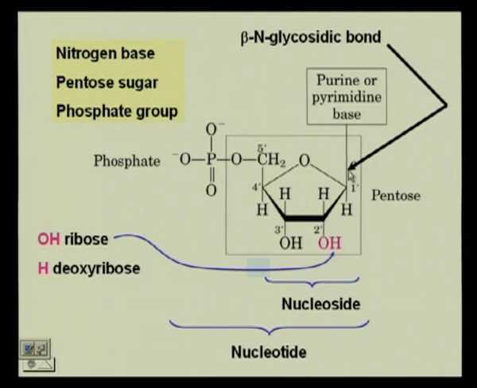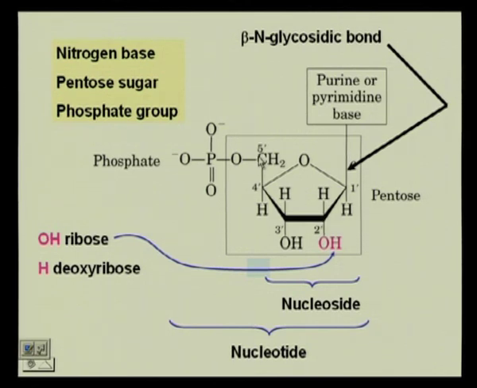Okay. So, this is a beta N glycosidic linkage that is linking the sugar ring to the purine or the pyrimidine base at the 1' position. At the 2' position, you have either OH or you have H, being either a ribose sugar or a deoxyribose sugar.